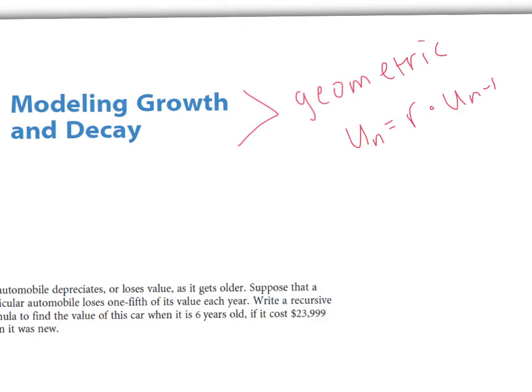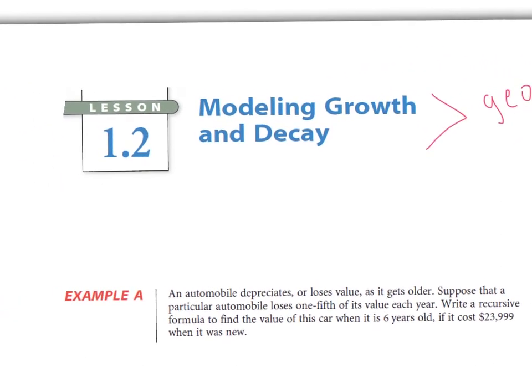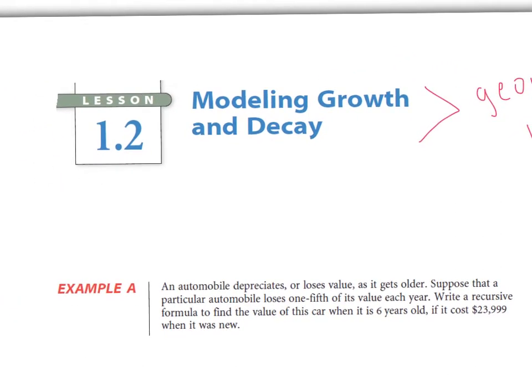Now, we can determine what that r value is going to be based off the information we are given. We've got two cases. Either we're looking at growth, so something is increasing or appreciating, or we've got decay, which means something is decreasing or depreciating.